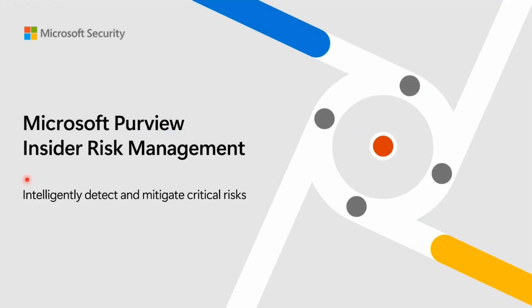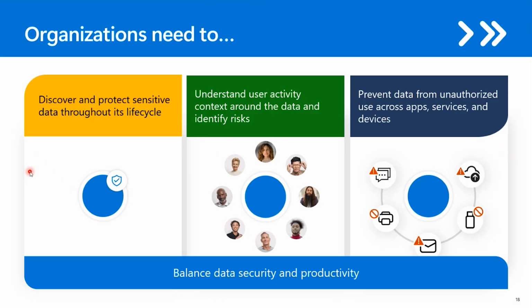Now let's talk about insider risk management. As I was mentioning before, the example that we had before was someone internally gaining access to information and grabbing that information and having control over that information.